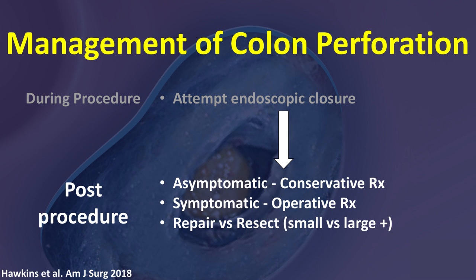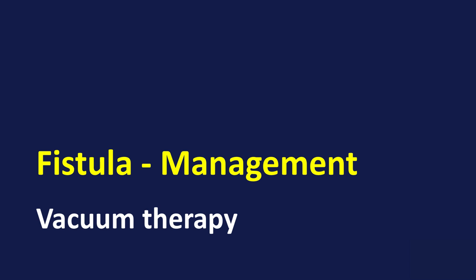If a perforation was recognized during the recovery phase or if the patient has gone home, if the patient is relatively asymptomatic, you could continue conservative treatment. If the patient is symptomatic, then they require surgery. Whether it is a repair or resection depends on the size of the perforation and associated diseases like severe diverticulosis or underlying cancer, in which case the patient may require a resection rather than simple repair.